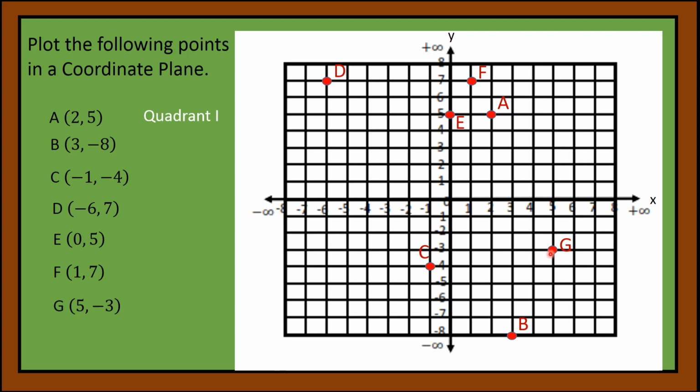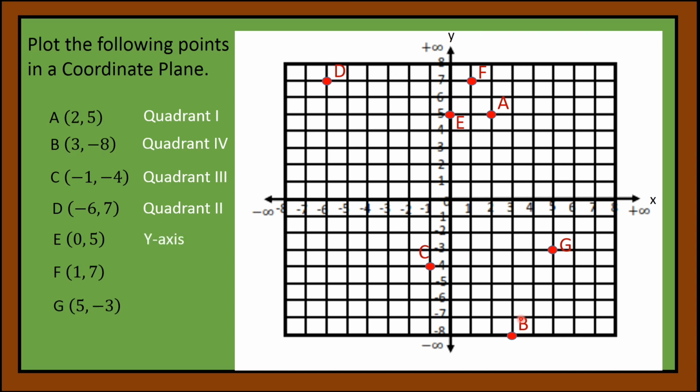So by looking at the Cartesian plane, we can now identify in what quadrant these points are located. So point A is located in quadrant 1. Point B is located in quadrant 4. Point C is located in quadrant 3. Point D is located in quadrant 2.